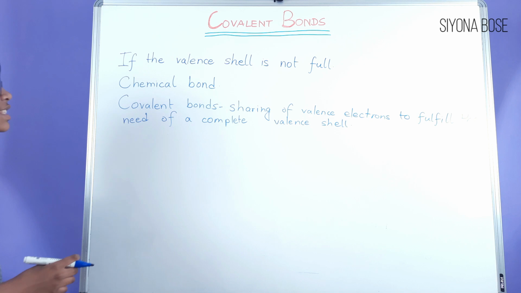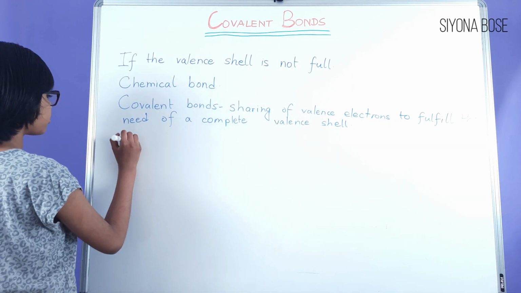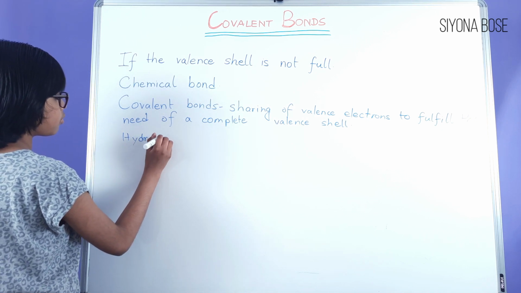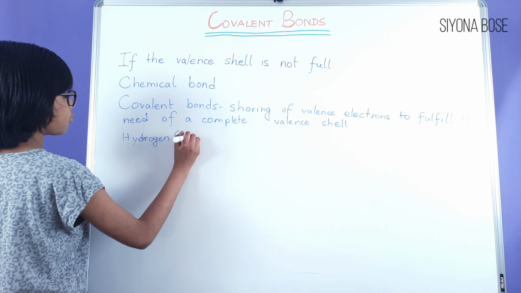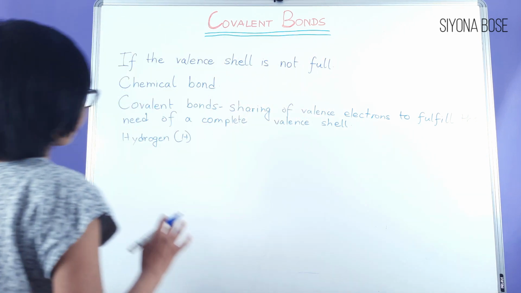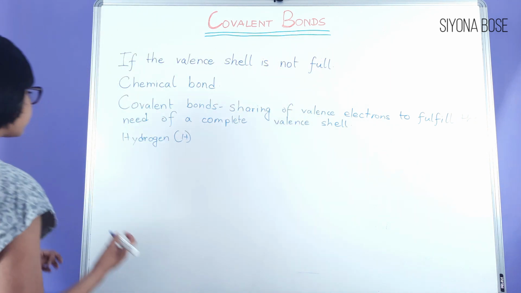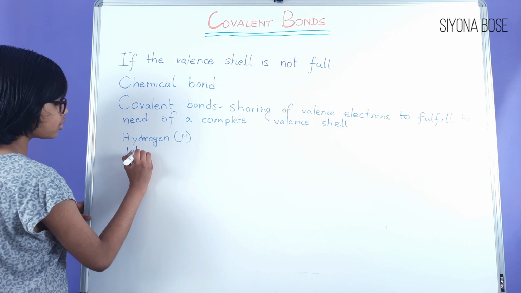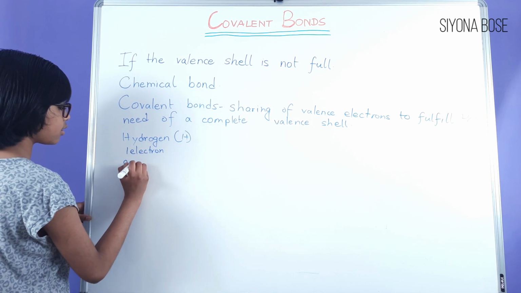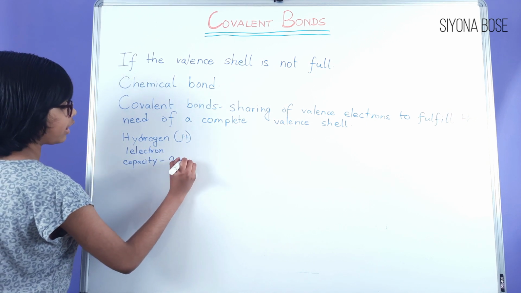Keeping this in mind, let's take an example of hydrogen, H. In hydrogen, there is one electron in the first shell, but the capacity is 2 electrons.